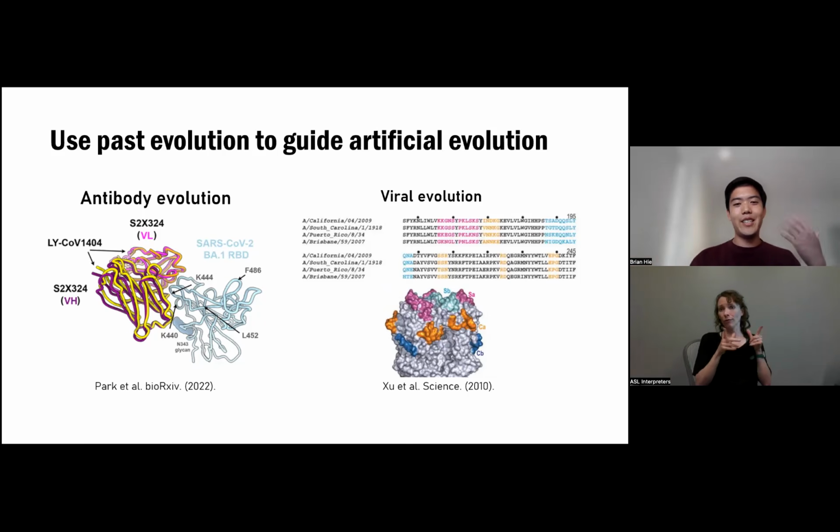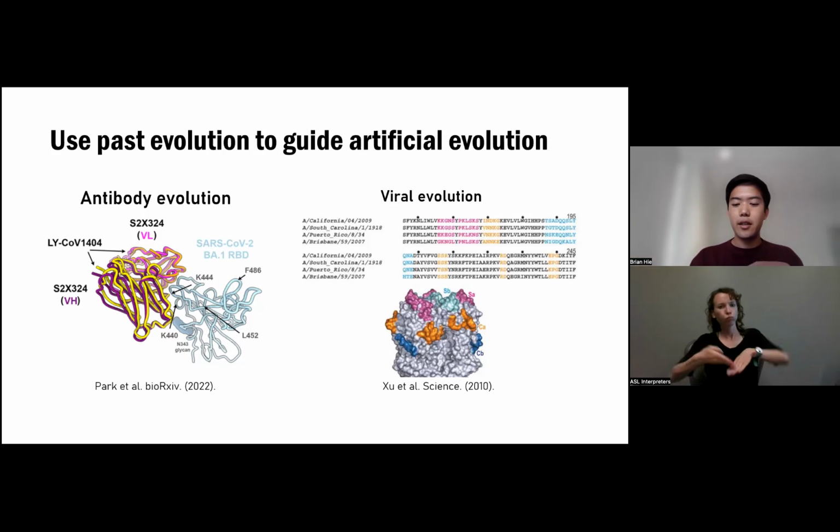So the takeaway is that despite this extremely large theoretical space of proteins, perhaps natural evolution is utilizing a much narrower search space, and as protein engineers, we can potentially take advantage of that to our benefit as well.